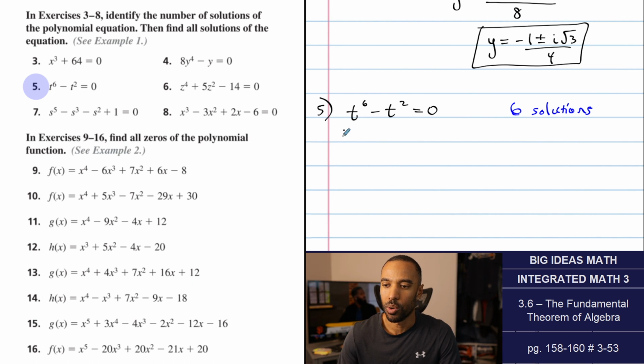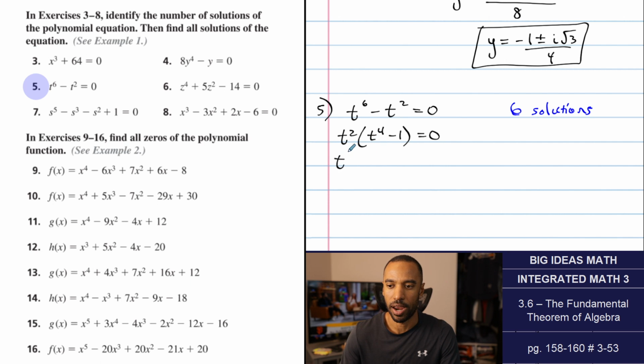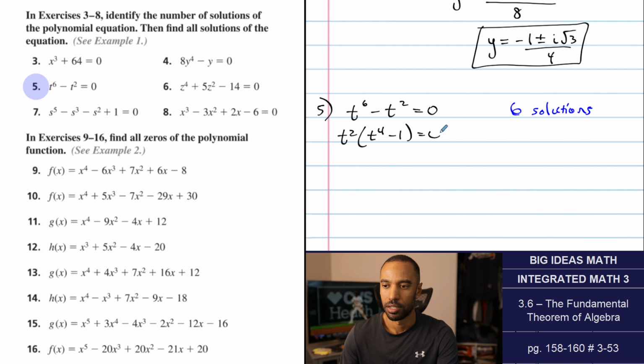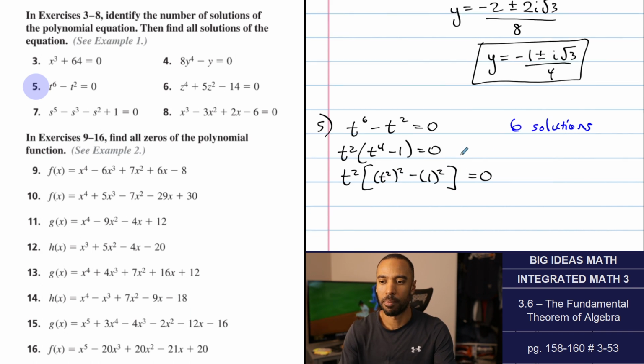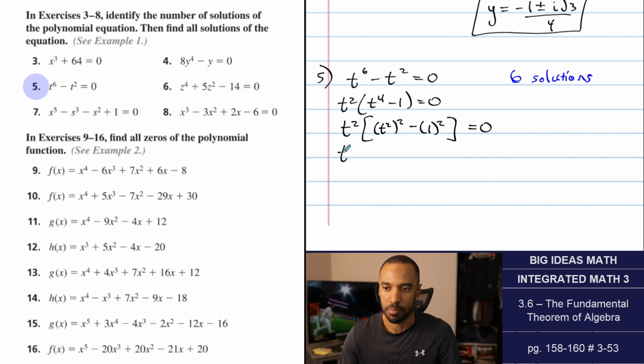So, we do have a t squared common factor. You are left with t to the 4th minus 1. And this is a difference of 2 squares. This is quadratic form if you think of t to the 4th as t squared squared. So after factoring out the t squared, this can be t squared squared minus 1 squared. A squared minus b squared factors to a minus b times a plus b.